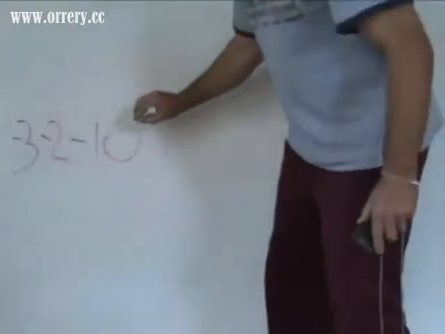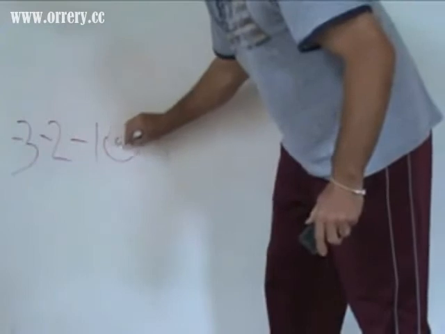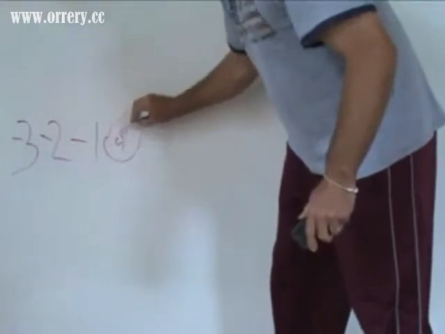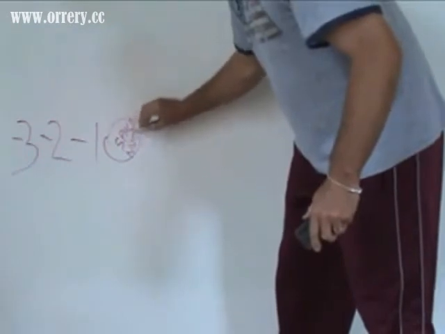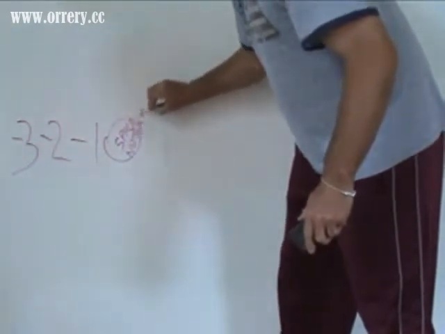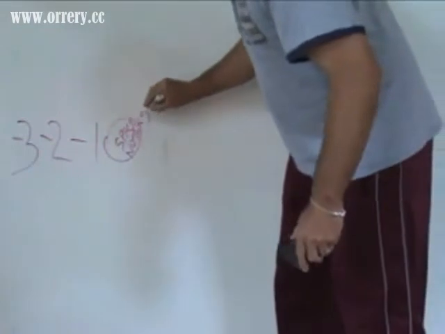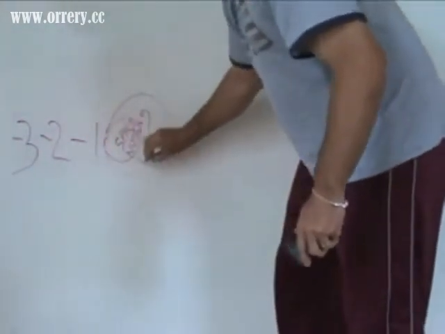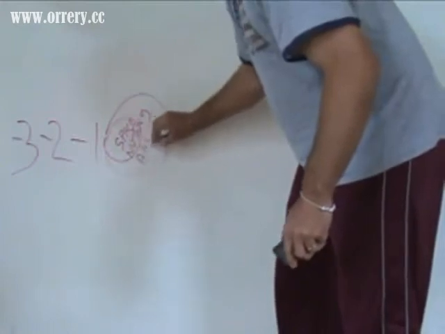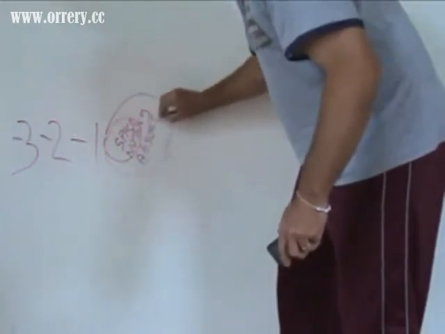This is 0 space. This is nothing. And nothing is also the absence of time. Absence of time. Alright?